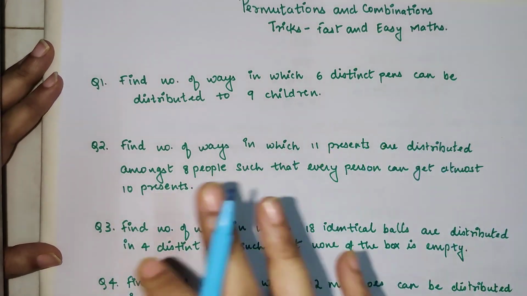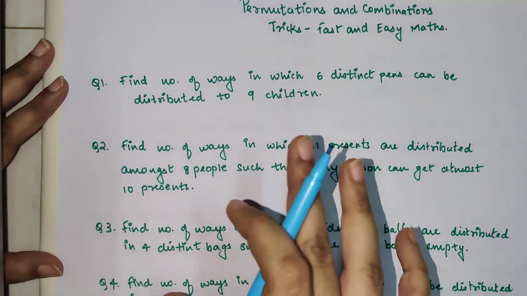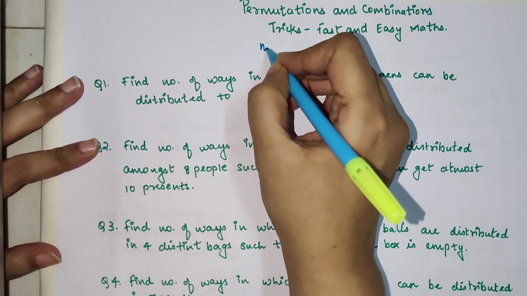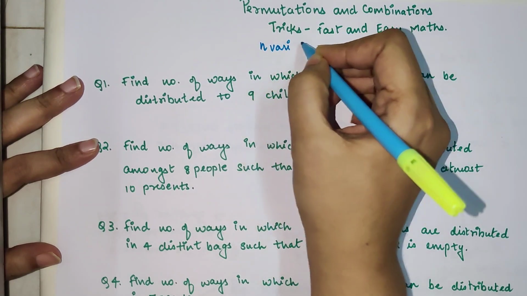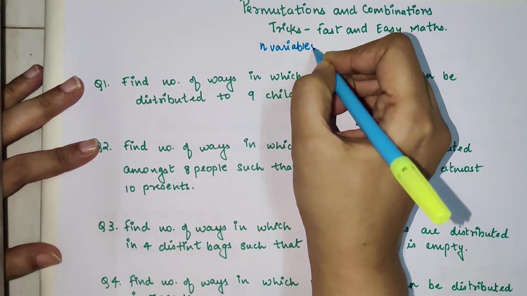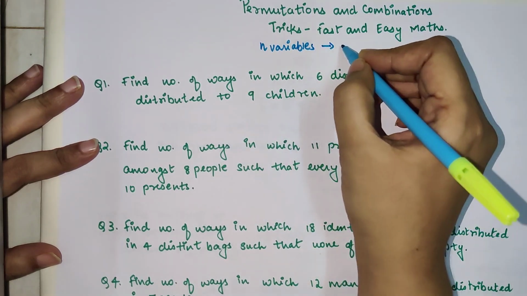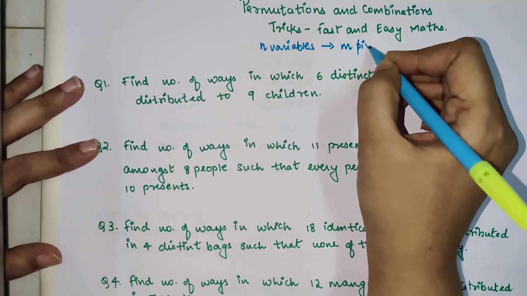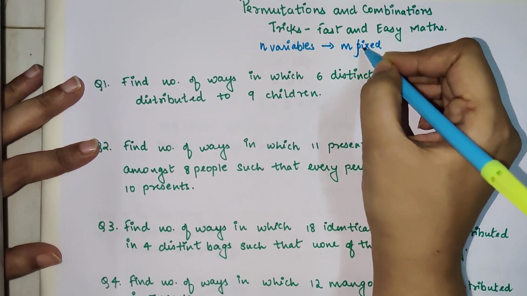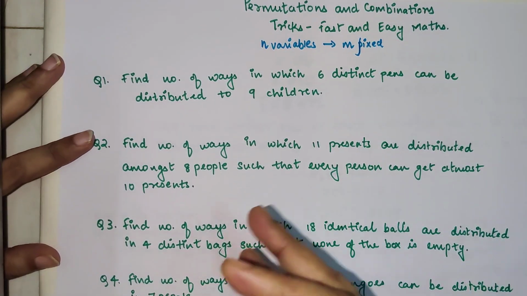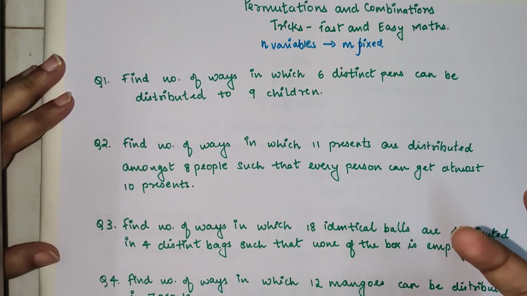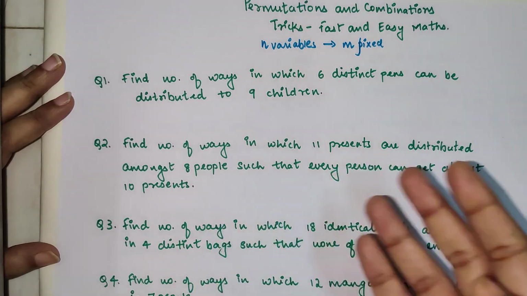If you look at your questions, normally you will come across that there are n variables which are being distributed to m fixed, meaning this m can be people, or baskets, or letter boxes, something like that.